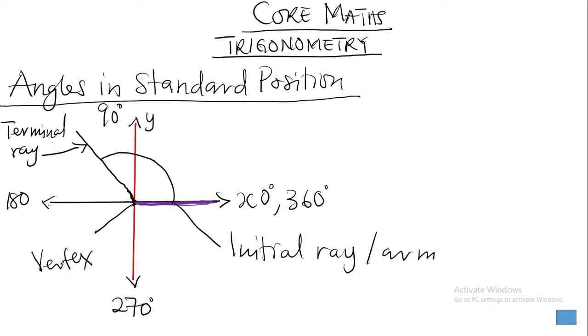Now we are moving in the anti-clockwise direction in the measure of the angle. We started with the initial arm, or ray, and we moved in an anti-clockwise direction. So this is our theta.